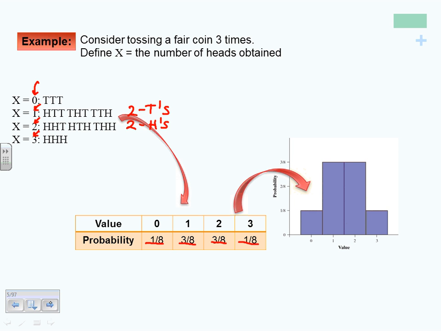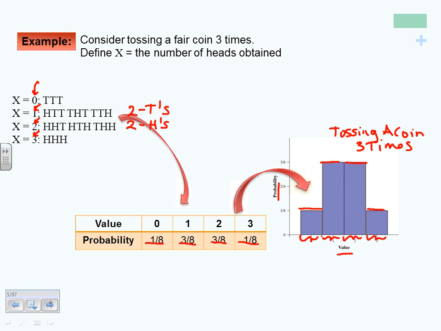Okay, so there's my model, and now I can make a distribution of the model over here. We could do tossing a coin 3 times. Label your x, label your y, and here I could put it up to the 1/8, the 3/8, the 3/8, and the 1/8. And don't forget that these are all going to have equal thickness.